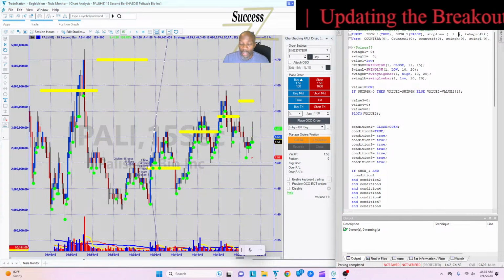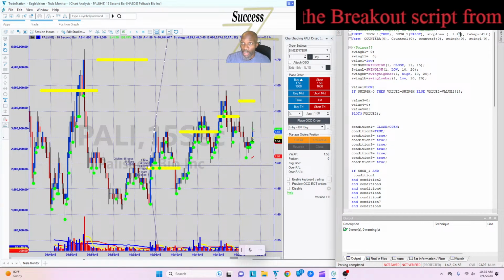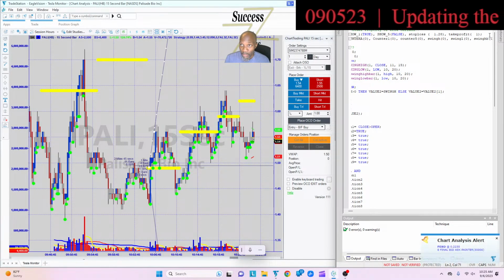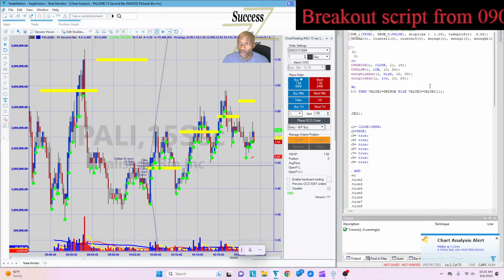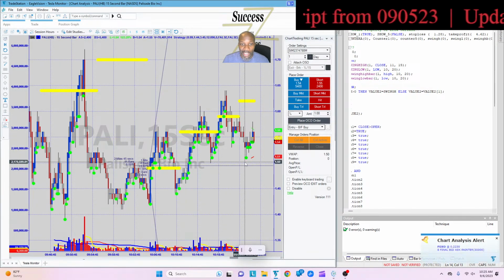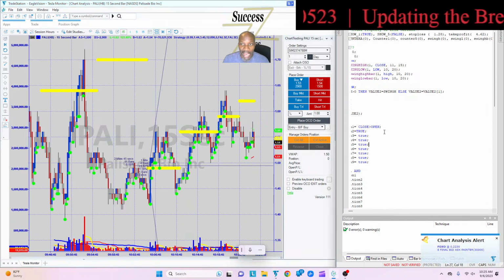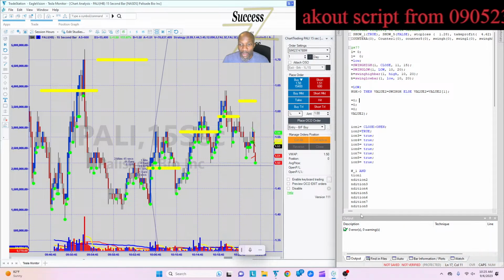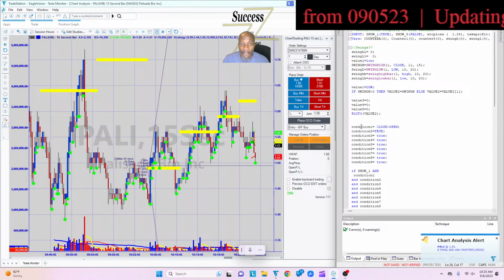So stop loss is 1.28%, and then take profit is 4.62. That's looking like a 1 to 3 risk to reward, which, would it be that good? I doubt it, but let's see. All right, so got that.